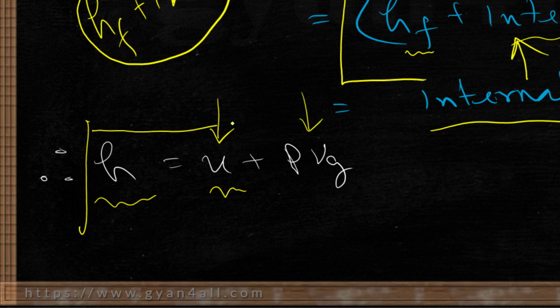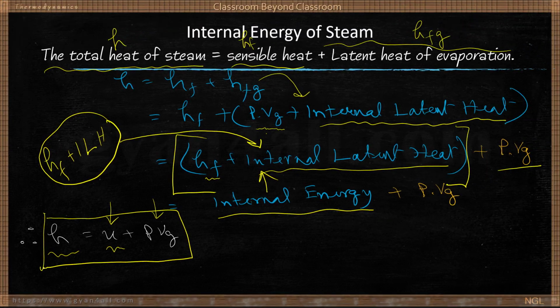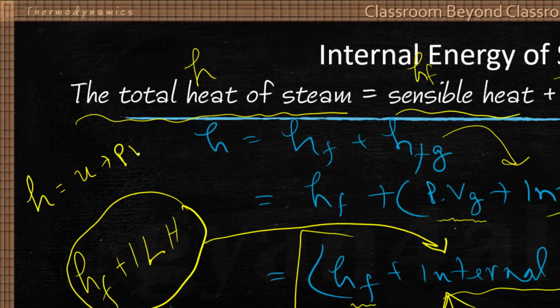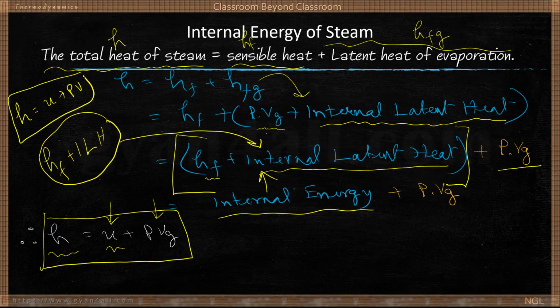You can recall this from the previous classes. What is H? Enthalpy is equal to internal energy plus PV, and this is the same. Only thing is this is steam, so we write PVG, the specific volume of dry steam.